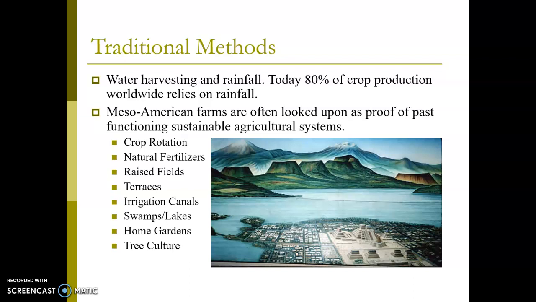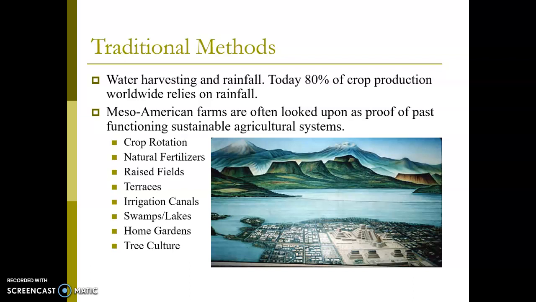Mesoamerican farms are often looked upon as proof of past functioning sustainable agricultural systems. Crop rotation, natural fertilizers, raised fields, terraces, irrigation canals, swamp lakes, home gardens, tree culture. So all these things are based on sustainable agriculture.